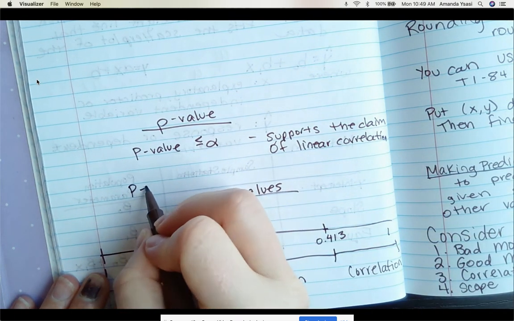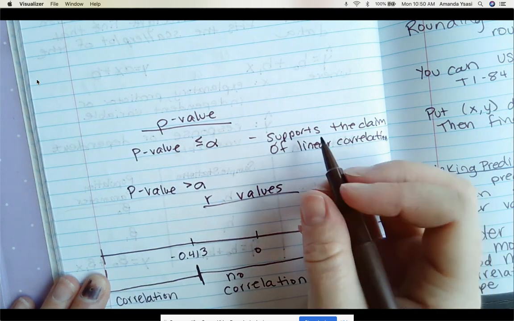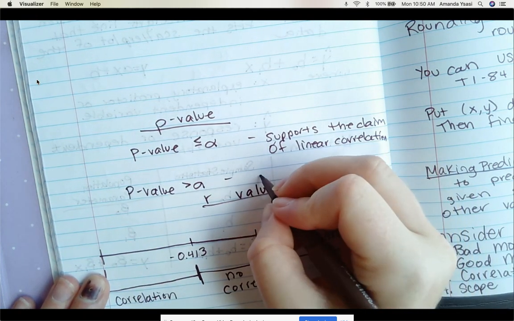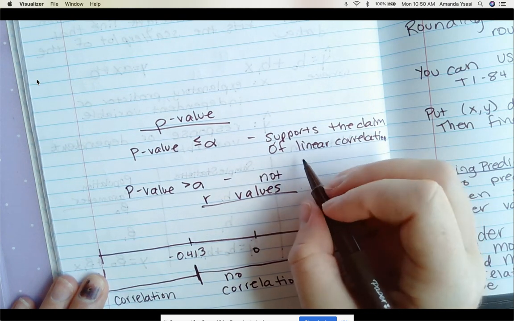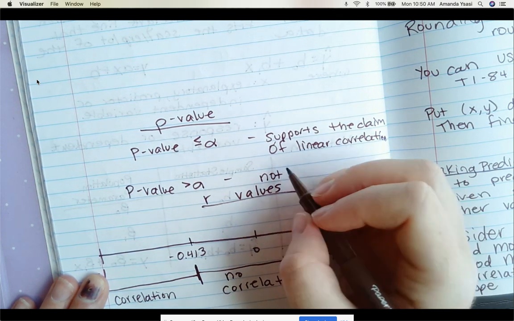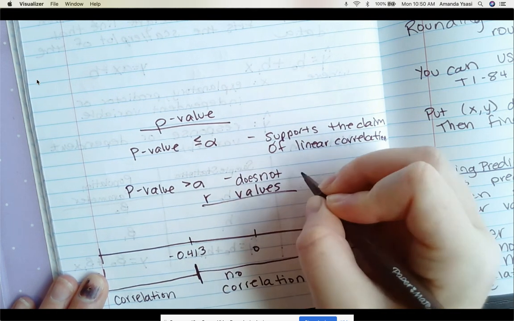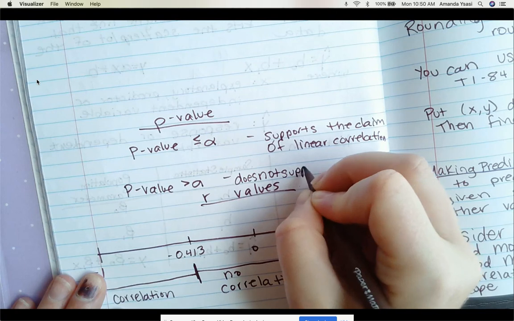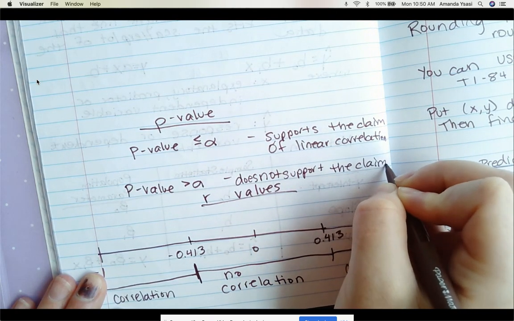If the p-value is greater than alpha, that does not support the claim of linear correlation.